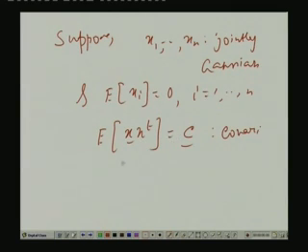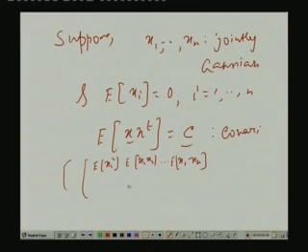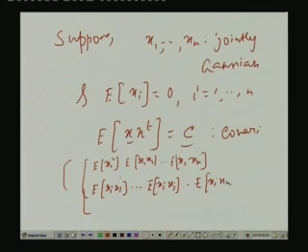The structure actually is like this. If we expand it, E of x1 square, E of x1 x2, dot dot dot, E of x1 xn, in general E of xi x1, dot dot dot, general term ith row and jth column E of xi xj, dot dot dot, E of xi xn, and so on and so forth.